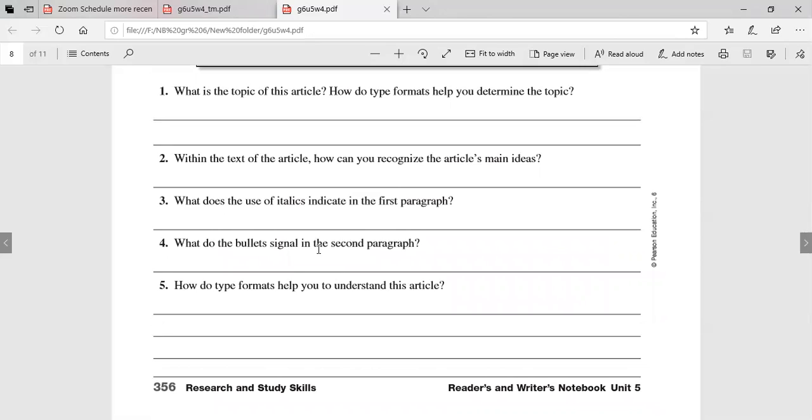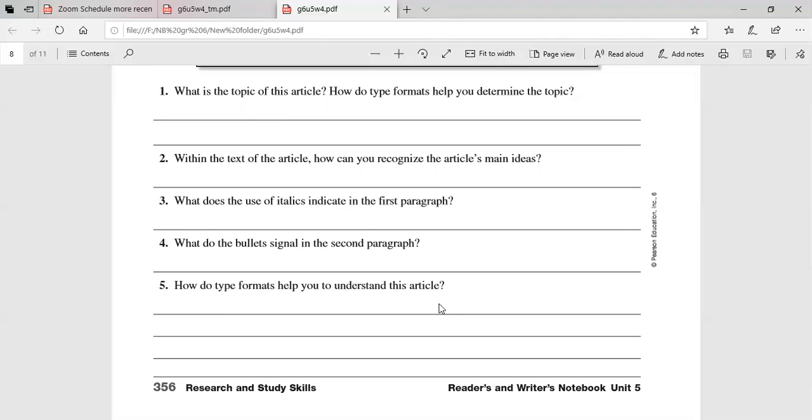Finally, number 5, how do type formats help you to understand this article? This kind of question is an open-ended question. You have to apply yourself. How do type formats help you to understand this article?